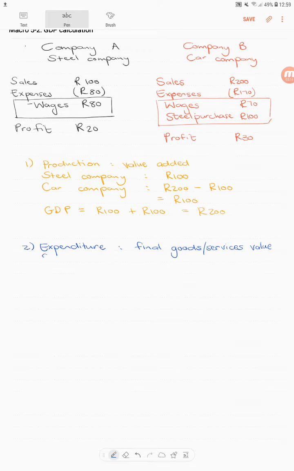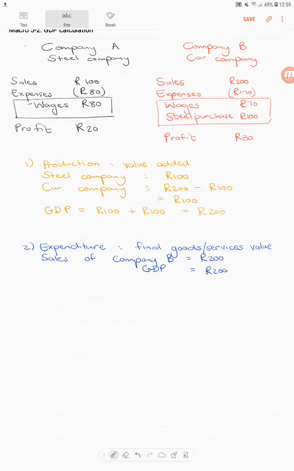In this case, we only look at the sales of Company B, or the final company, which is the car company, and the sales of final goods and services is equal to 200, which means GDP is equal to 200.